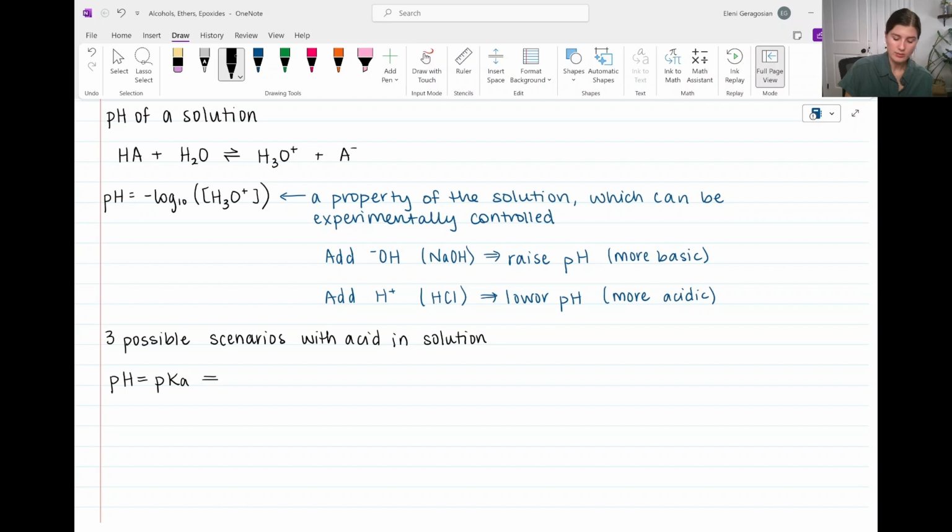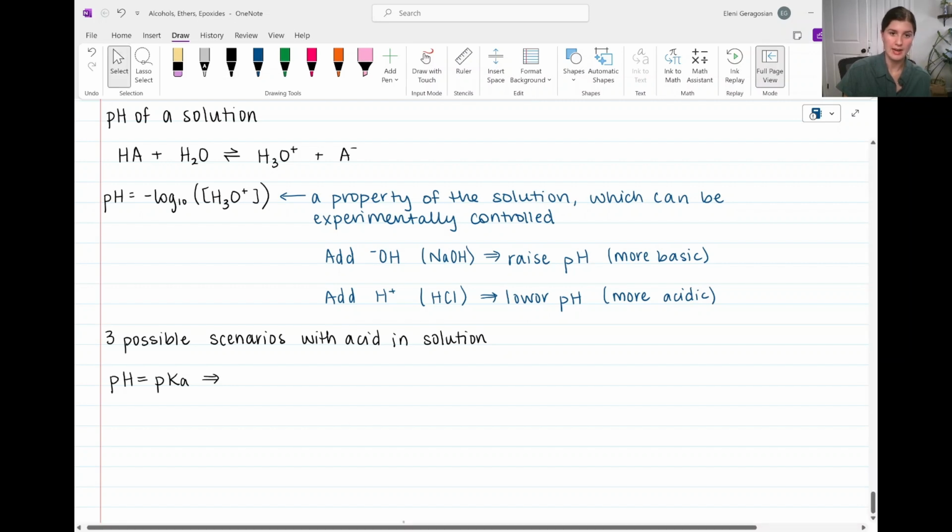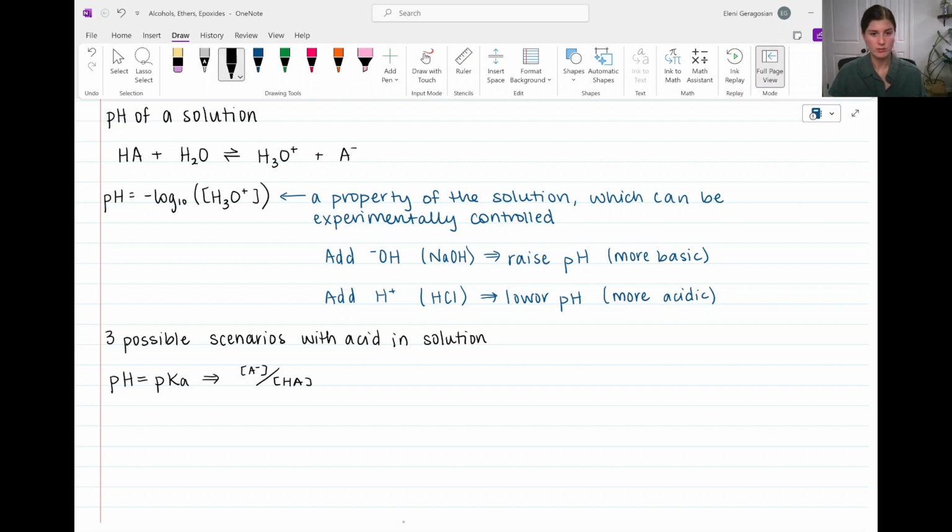Then in that solution, the concentration of the acid added, in its HA form, will be equal to the concentration of its conjugate base. So associated and dissociated concentrations are equal to each other, so this ratio is equal to 1.